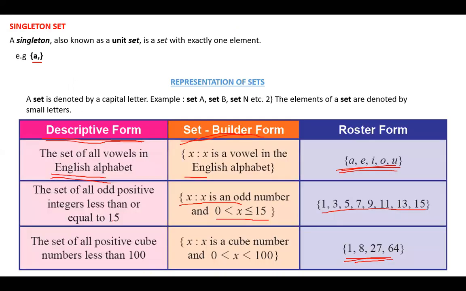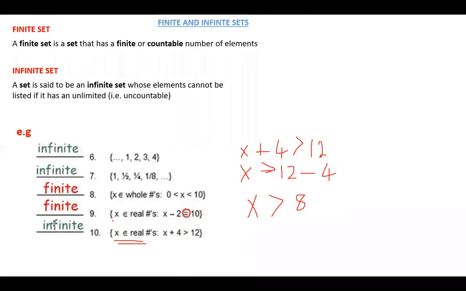So in short, if they tell us x is less than 8, we can also write it as this. We put negative infinity here, then a comma, we put 8 there, and then we use these brackets. So meaning it's impossible for you to count the numbers between negative infinity and 8, which implies that this is an infinite set. Okay, let us proceed.